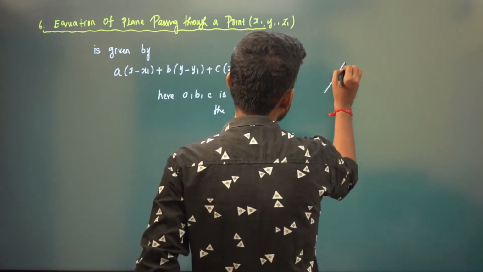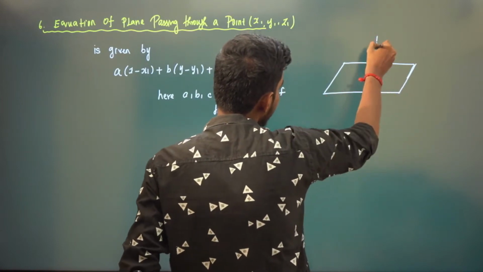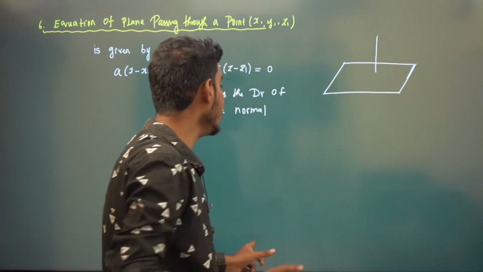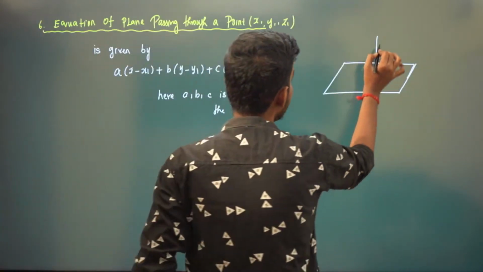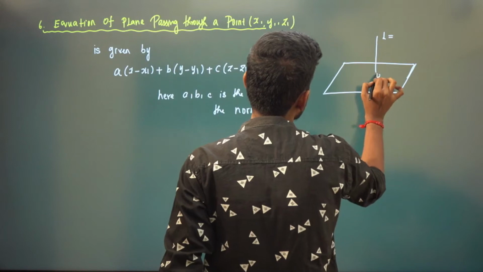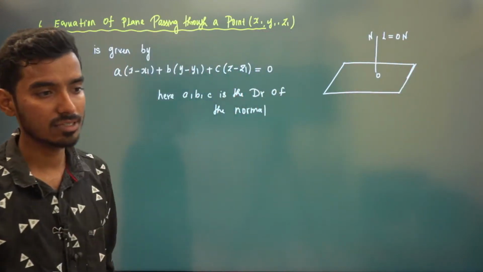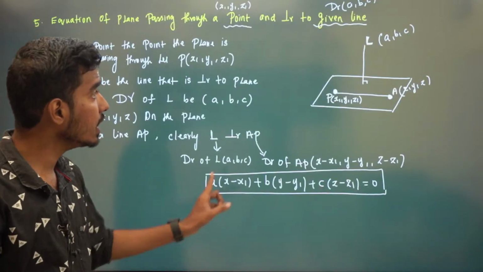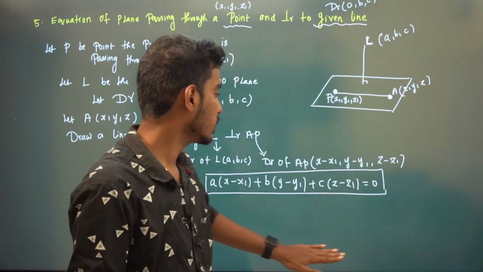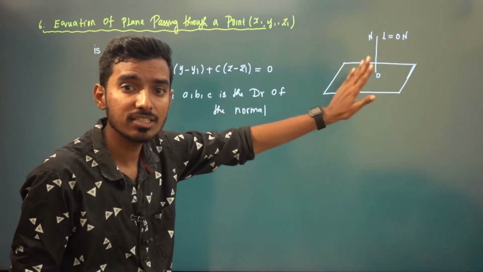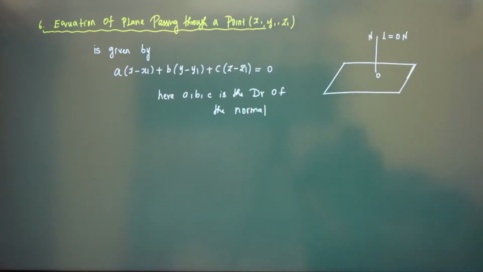The only difference is that here you just take L to be the normal. If they have given any line, you take that line's direction ratio. Very, very, very important, points 5 and 6.